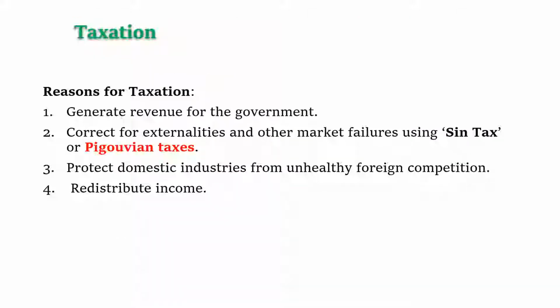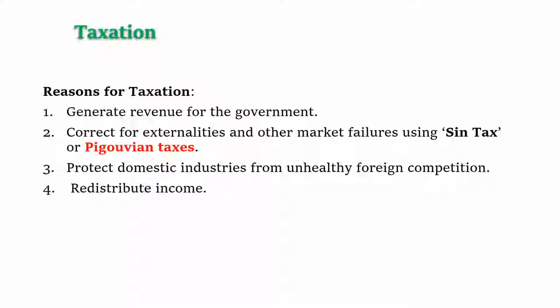Now, let's move on now to the effect of taxation. Now, why do governments decide to tax people? Why do they tax people? Simply, government taxes, or maybe the state taxes individuals, or maybe corporate organizations or businesses, one, to generate revenue for the government.